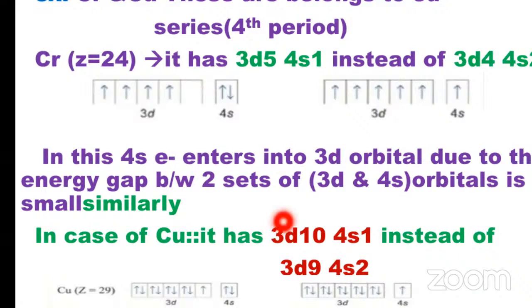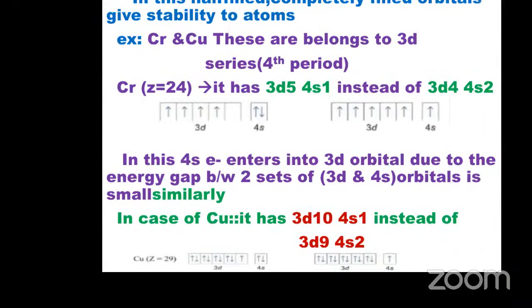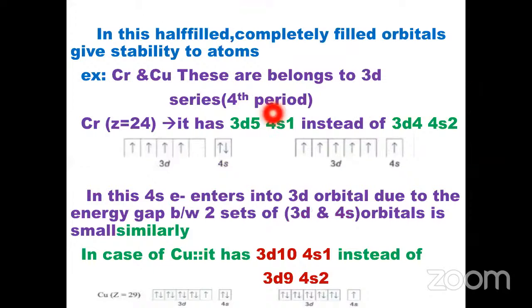Why are electrons entering from the 4s orbital to 3d orbital? Because the energy gap between the 3d and 4s orbital is very small. That is the reason the electrons enter from the 4s orbital to 3d orbital. Okay, this configuration gives the stability to chromium and copper.